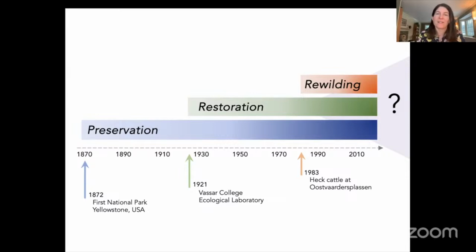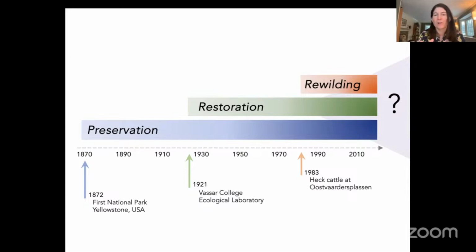The second is the consolidation of restoration from a diffuse kind of volunteer-based network to an endeavor that's increasingly consolidated, professionalized, privatized, and corporatized, with the emergence in the 1980s of the Society for Ecological Restoration, and it's now possible to get degrees in ecological restoration. There are scientific journals for ecological restoration, et cetera.